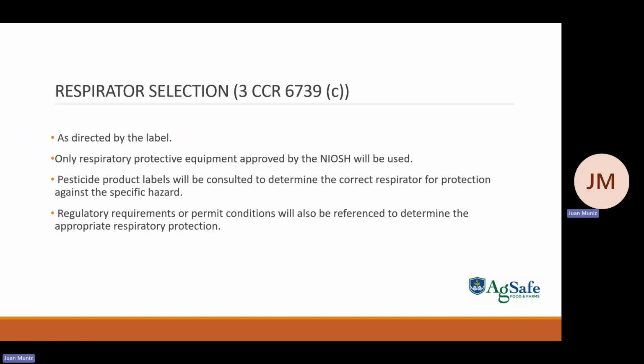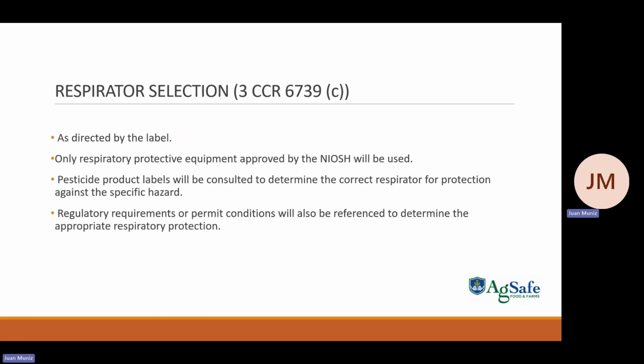The label will specify the type of masks or equipment, and will mention also the standard, either a NIOSH mask or sometimes they may mention other standards, but this is the most common standard that is mentioned on most of the labels.